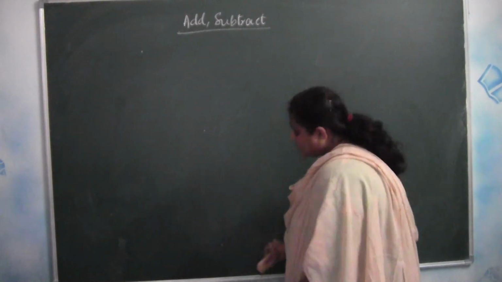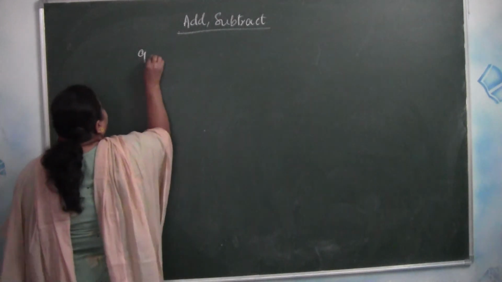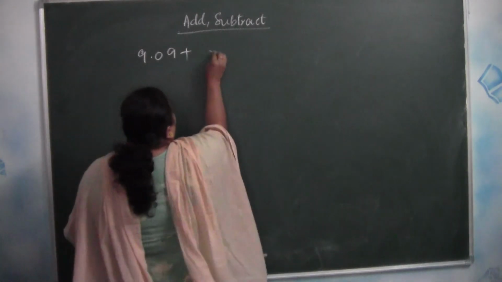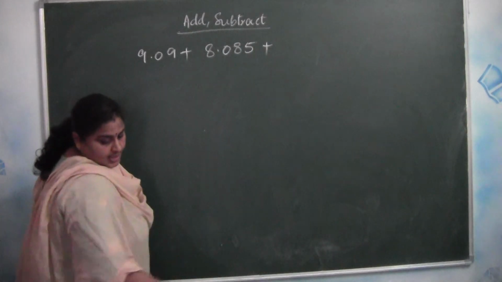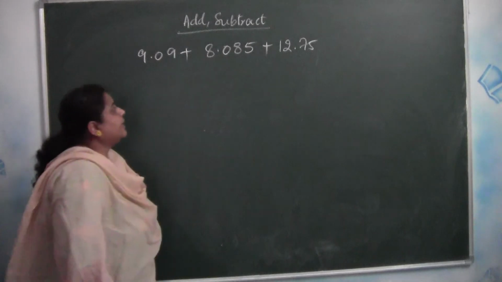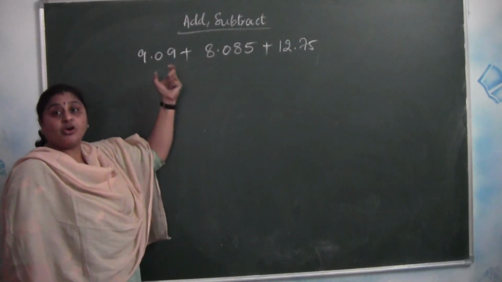Now let us take another example. Let us add another set of decimals: 9.09 plus 8.085 plus 12.75. First you observe whether they are like decimals or not.